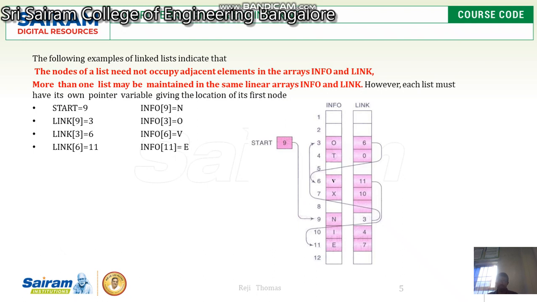If you look at the info, we have stored information that belongs to some other list. Same with the link part, which also has some other addresses that do not belong to the given list. So please keep these 2 points, which are highlighted in red color, in your mind.